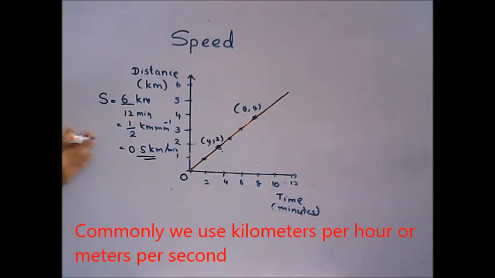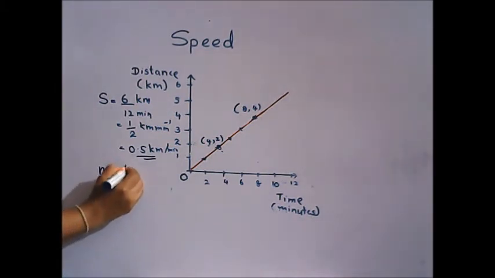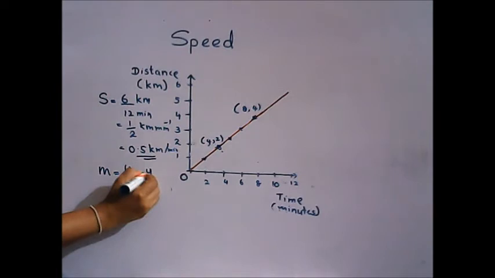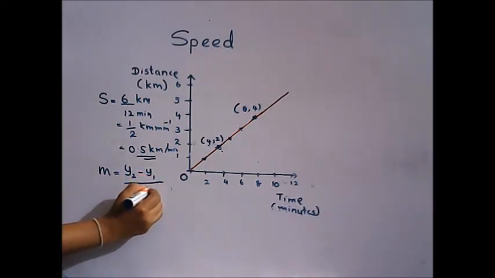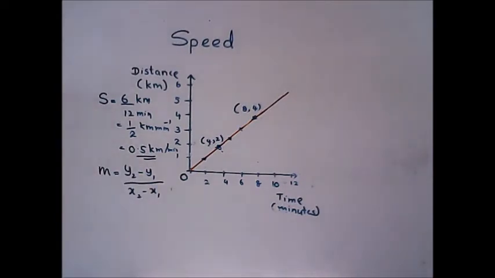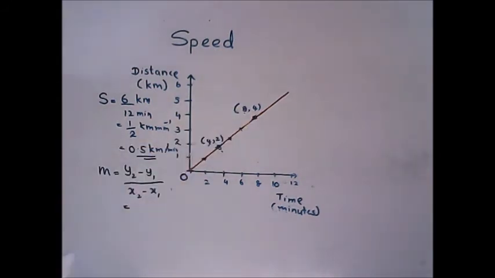Now in a y equal mx type graph, we can find m using the difference of two y coordinates divided by the difference of the x coordinates. Here in this point, the x coordinate is 8 and the y coordinate is 4.